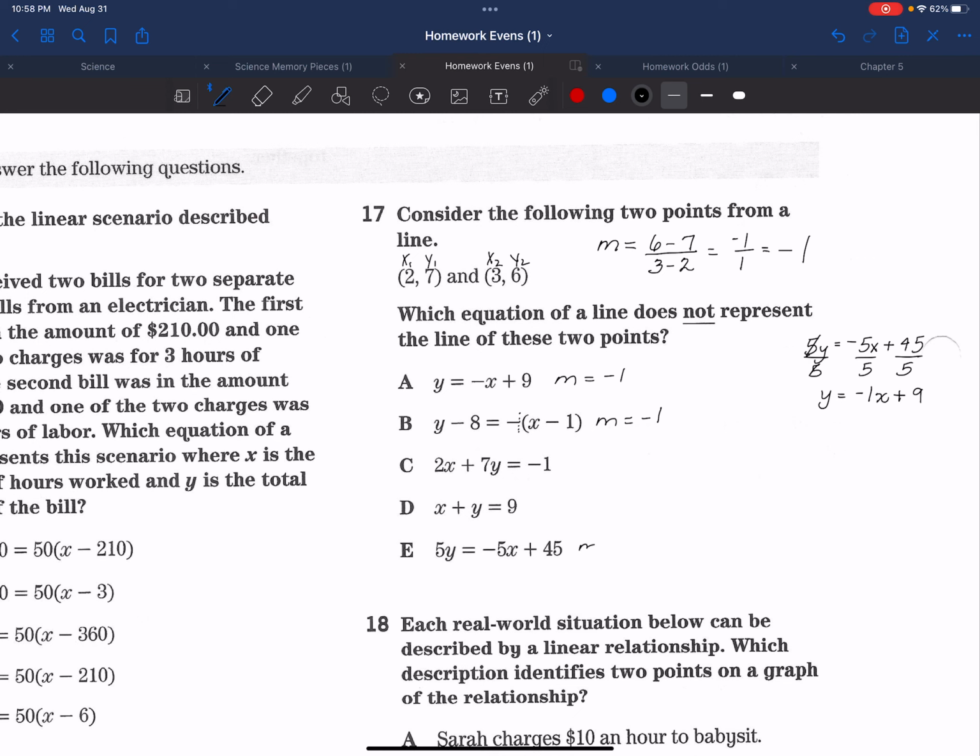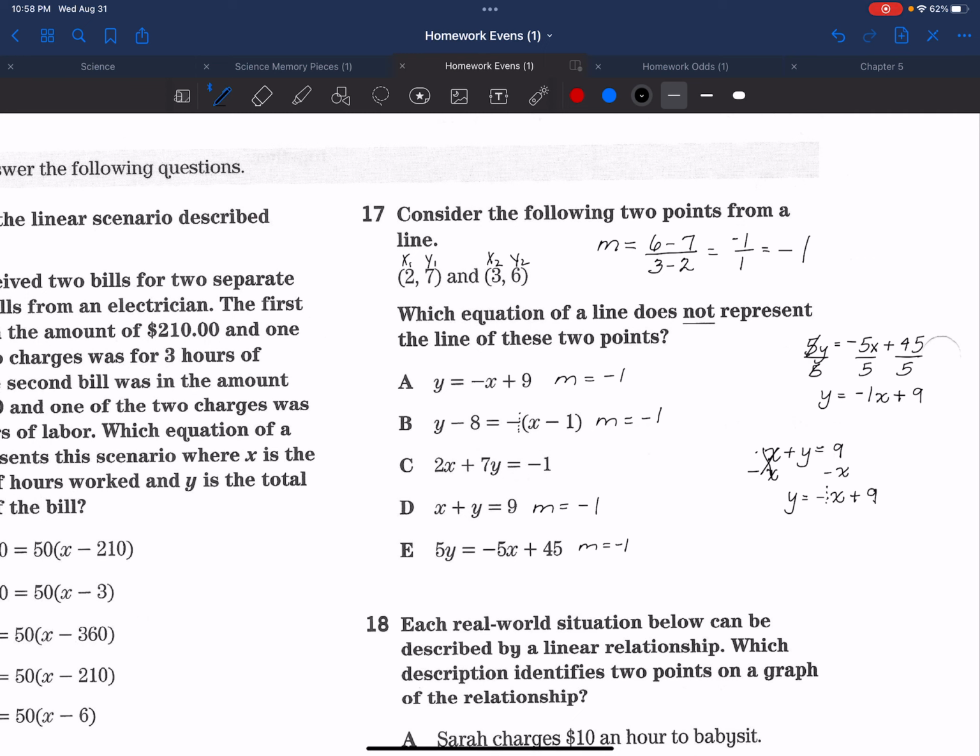So slope here is negative 1 when you go ahead and simplify it. D, let's go ahead and look at it. We have x plus y equals 9. So I want it to be y equals something. So I'll move my x to both sides. And I have y equals negative x plus 9. That's negative 1.